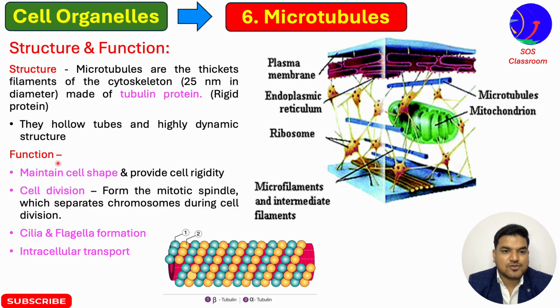Their functions include maintaining cell shape and providing cell rigidity, and cell division, forming the mitotic spindle that separates chromosomes during cell division. So they play an important role in cell division, formation of cilia and flagella, and intracellular transport of different types of molecules.